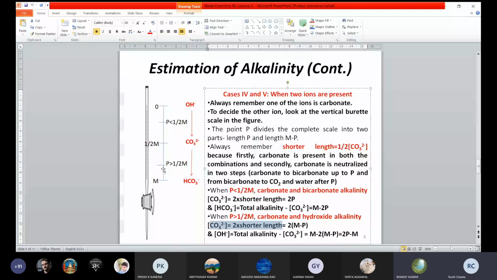M minus P. Yes, so that is why we have written carbonate is equal to 2M minus P. And hydroxide, the other ion, will be calculated as above. Total minus carbonate, total is given by M. Carbonate is 2M minus P from above. So when you will solve, you will get it as 2P minus M.